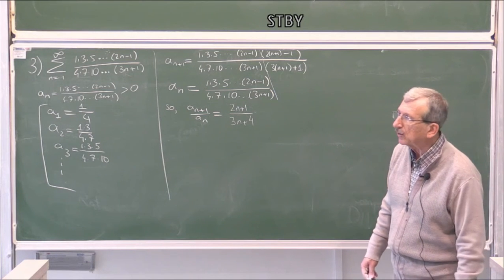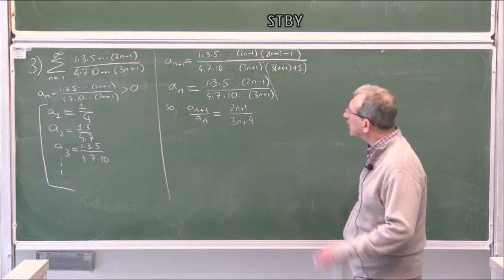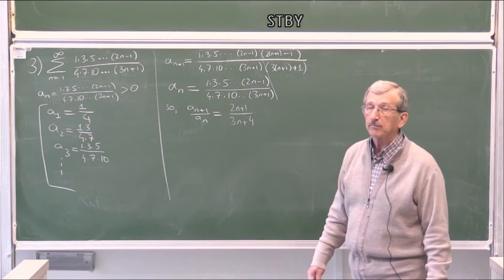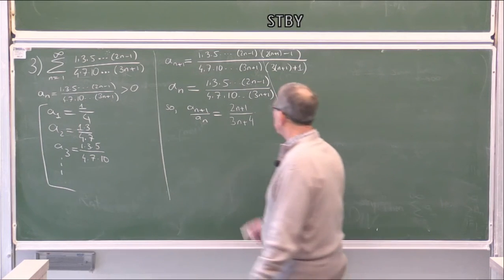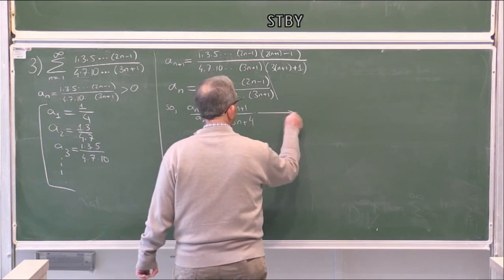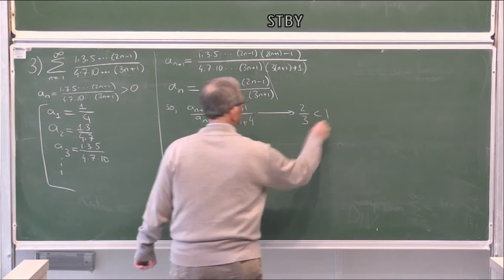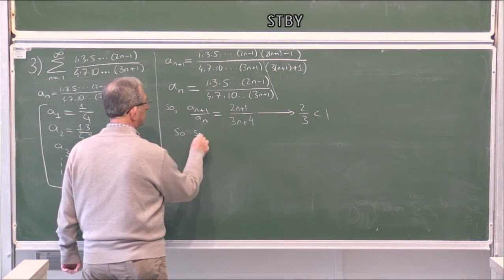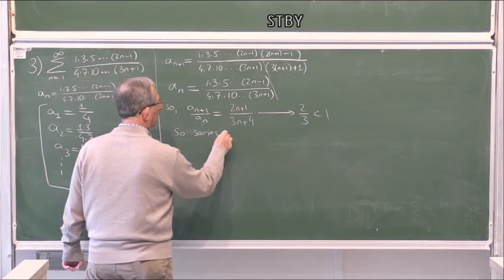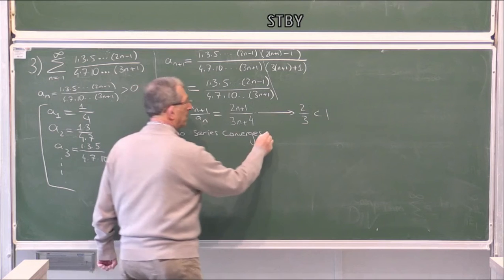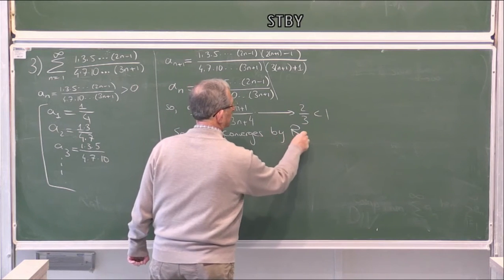You could not go anywhere with that. It would not be practical. Theoretically, it would be the same. But here, of course, the limit when n goes to infinity is nice enough, less than 1. So the series converges by the ratio test.